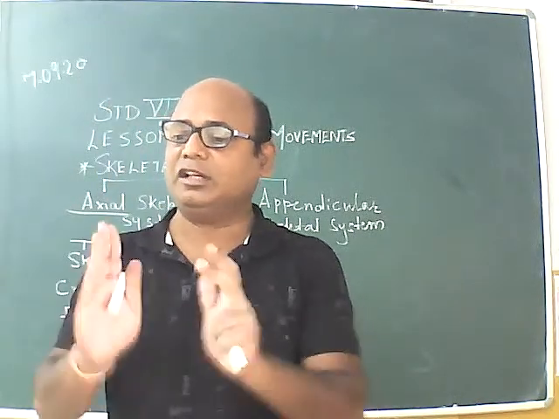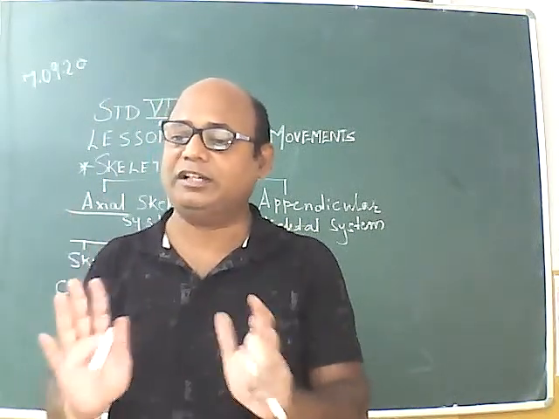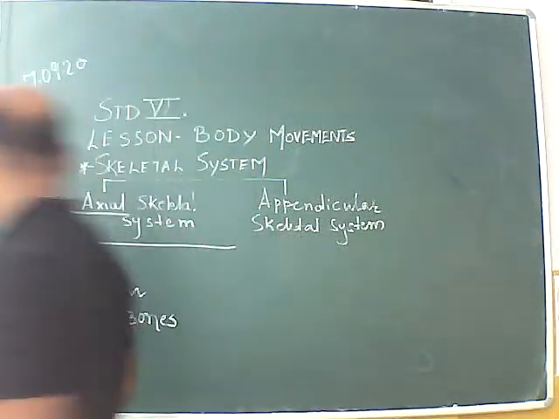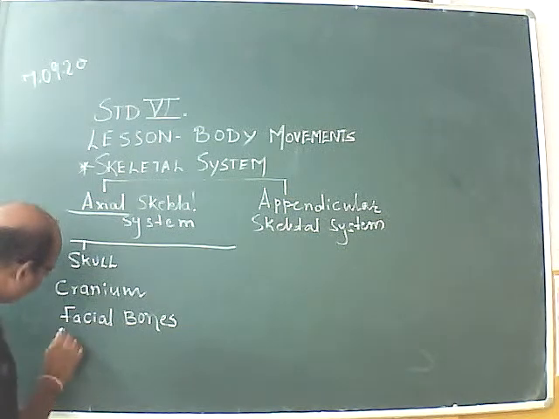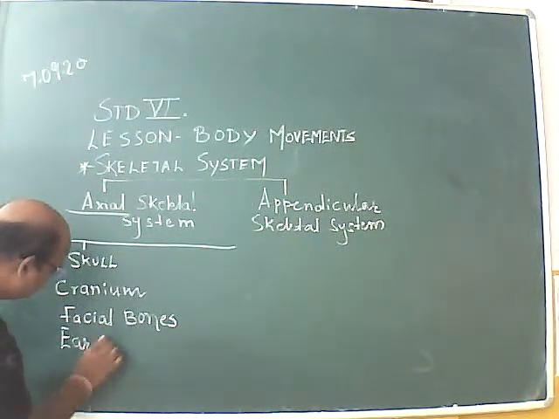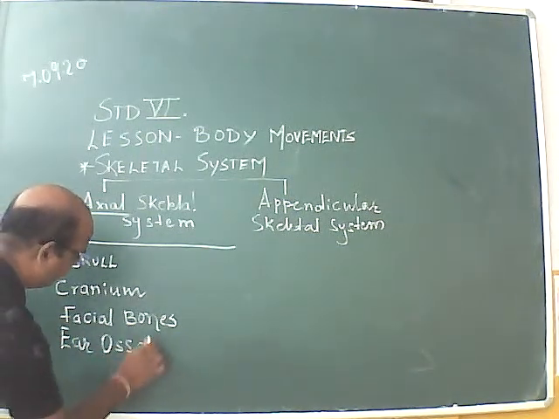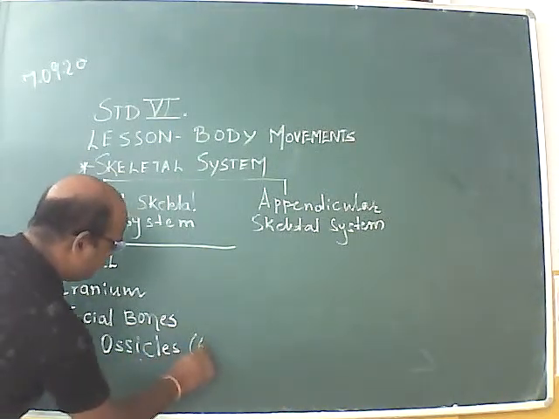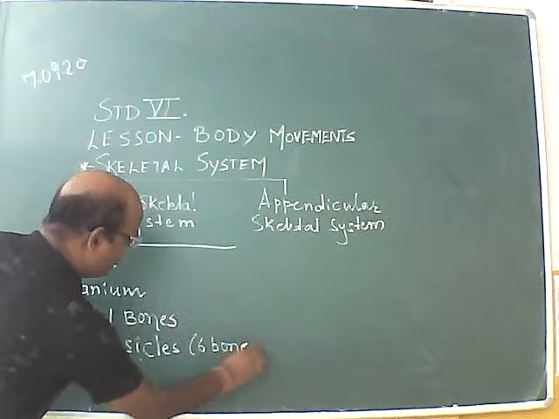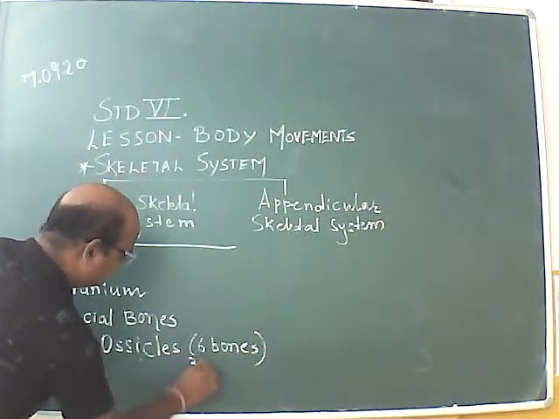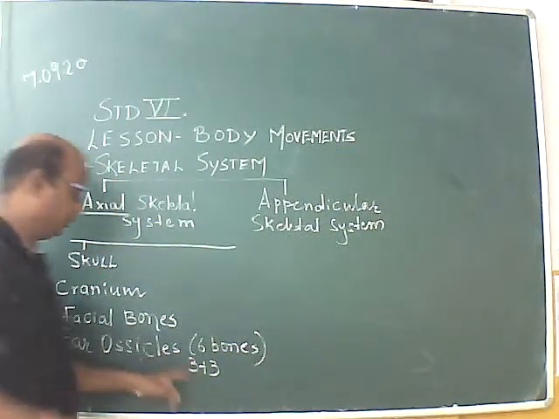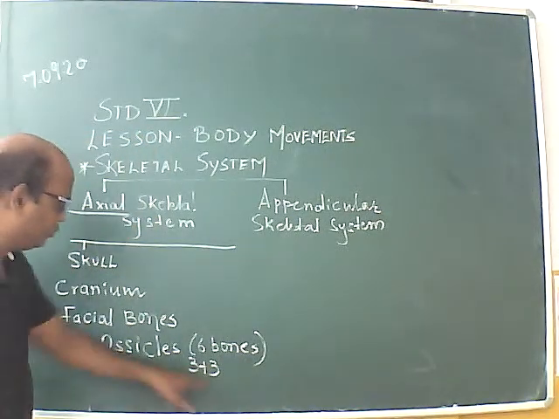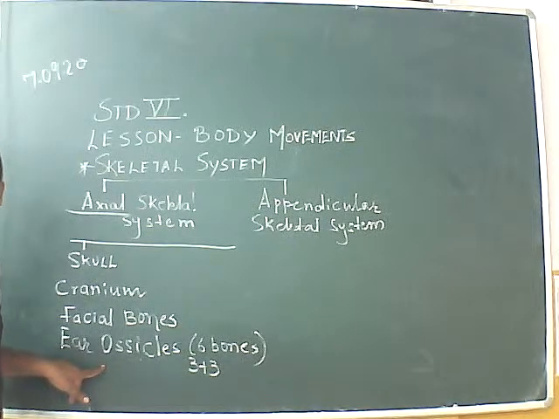How many bones are there in the ear ossicles? 6 bones are there. 6 bones means 3 plus 3: 3 bones in the right ear and 3 bones in the left ear.